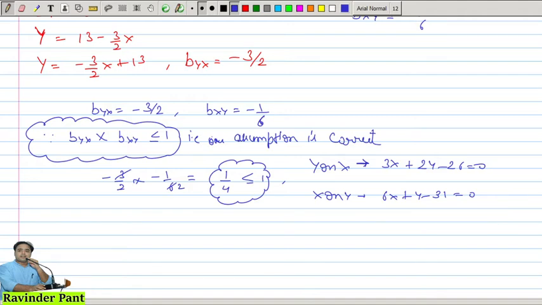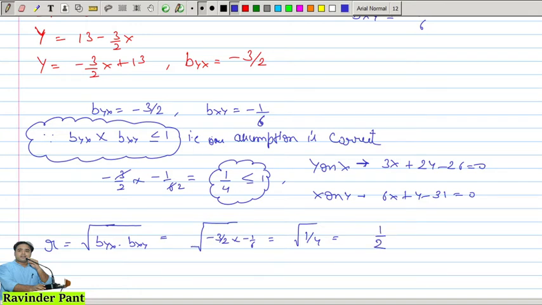So r is equal to under root byx and bxy, that will be under root minus 3 by 2 multiplied by minus 1 by 6, which gives under root 1 by 4, and it will give you 1 by 2.